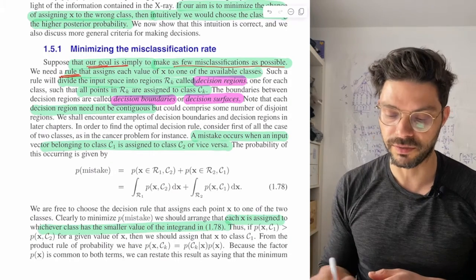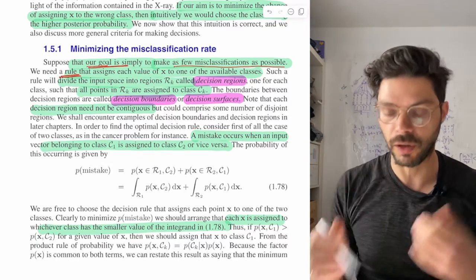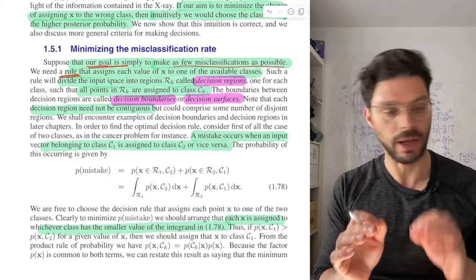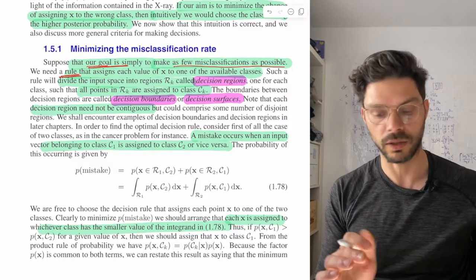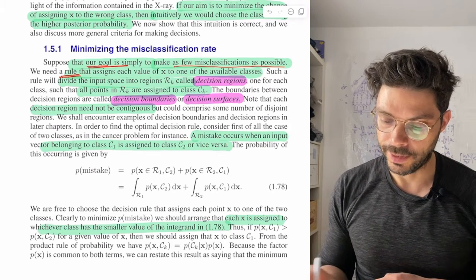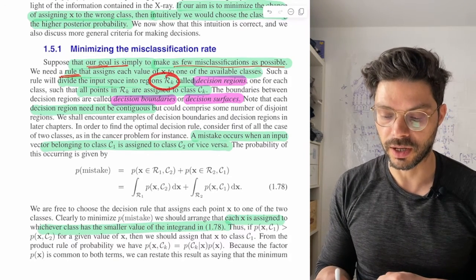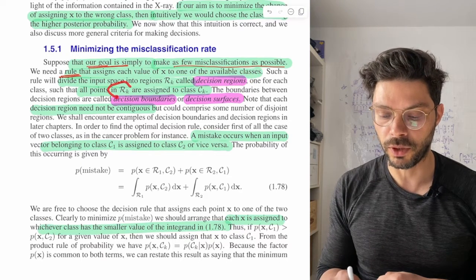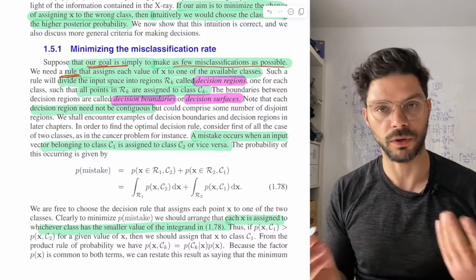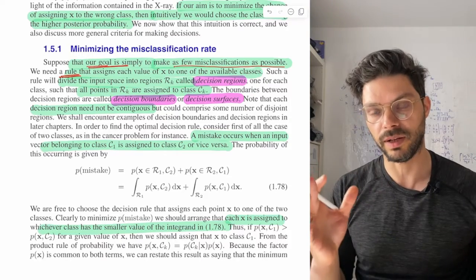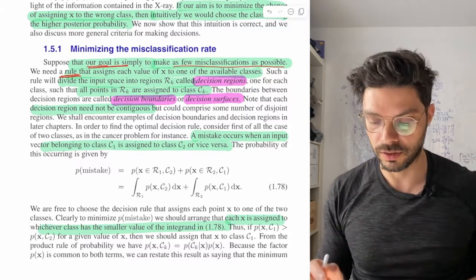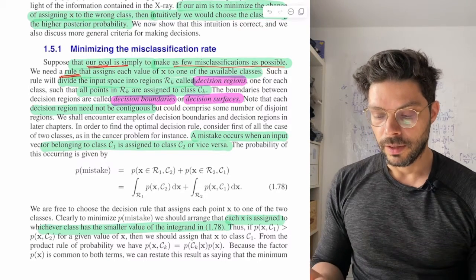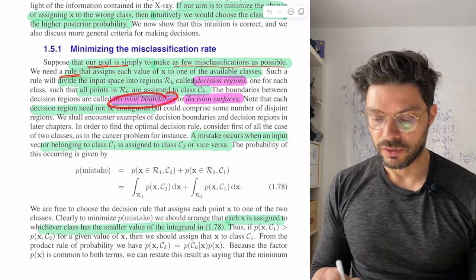This divides the input space, the space where x lives, into decision regions, because every point is going to be assigned to a single class, into regions R_k. These are decision regions such that all points in R_k are assigned to the class C_k. So you take the space and split it up by where you're assigning each of the points within a region. The boundaries are called the decision boundaries or decision surfaces.